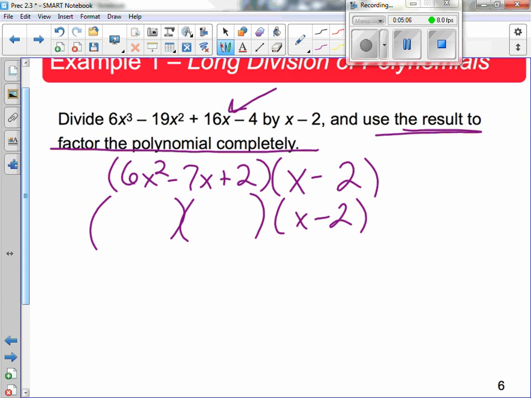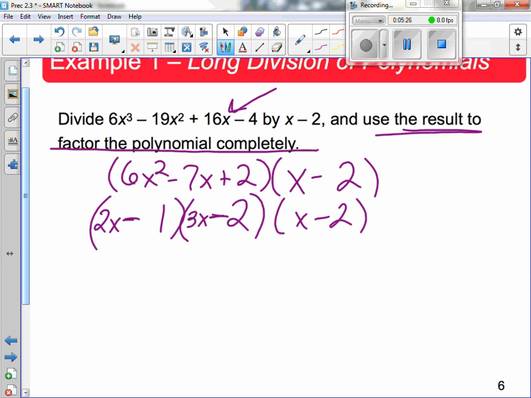Since the constant term is positive, the signs are the same and they match the sign of the middle term. So they would be 3x and 1 and 2. We do have different multiples of 6 because we have 1 and 6 and 2 and 3.